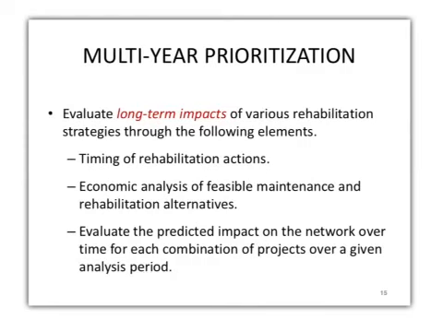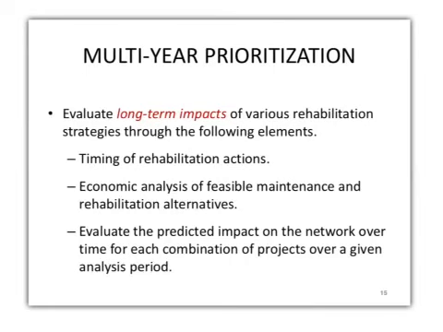Also, we need to look into the economic analysis of feasible maintenance and rehabilitation alternatives. Most of the time you cannot just depend on one alternative by itself. You have to have several alternatives and then study their cost effectiveness and pick the best one. We also need to evaluate the predicted impact on the network over time for each combination of projects over a given analysis period.